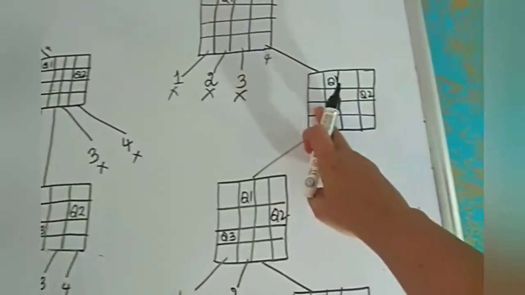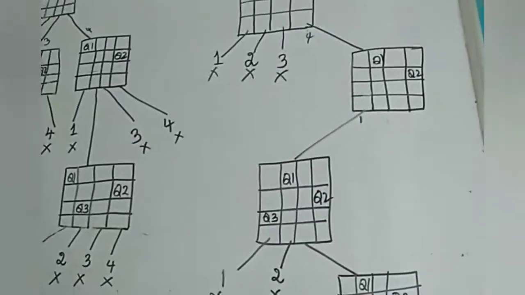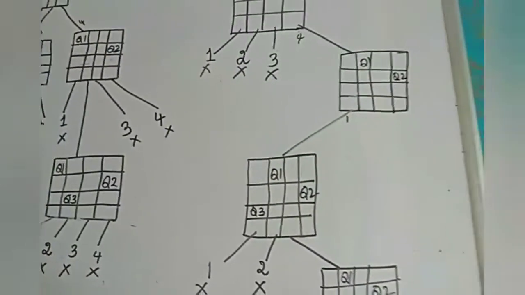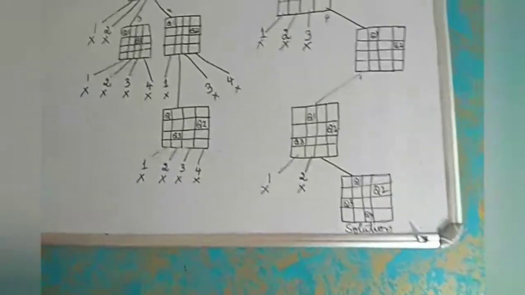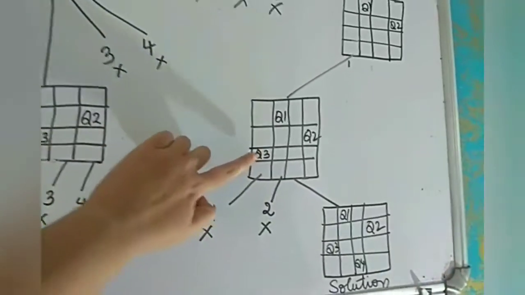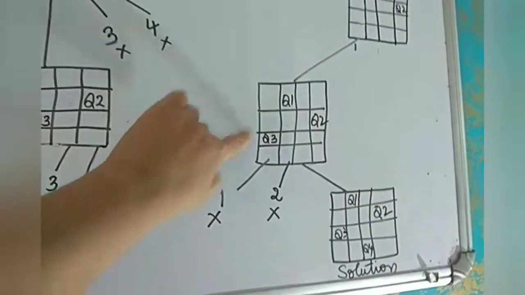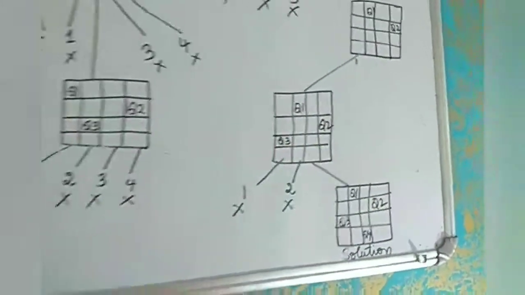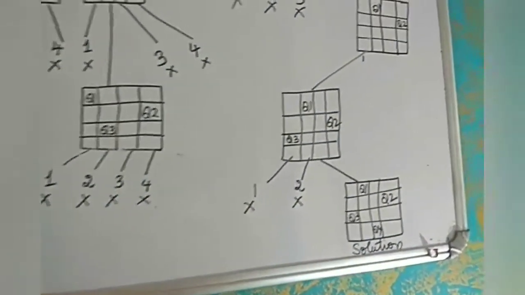So if I place it here, there is no problem, right? So it will not get attacked by Q1 or Q2. So I can place Q3 in the first column. So that is how we got this. See, Q3 is in the first column. So Q1, Q2, anyways, it is in the initial positions. So again, we have not completed the solution.